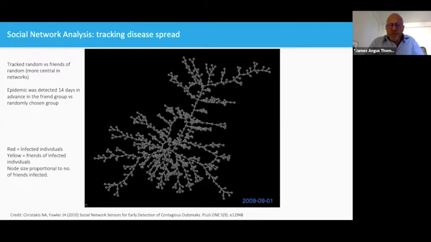So I'm going to play an animation. You'll see that when a red node appears, that means that the person is infected with influenza. And you'll also see immediately around that infected person, yellow nodes, which are the friends of that infected individual.